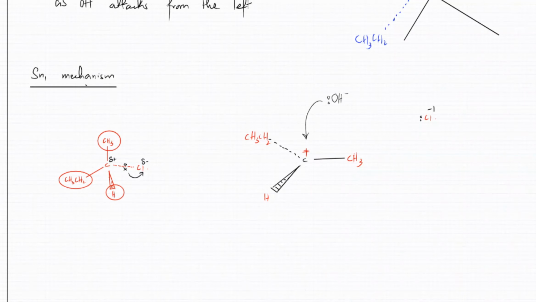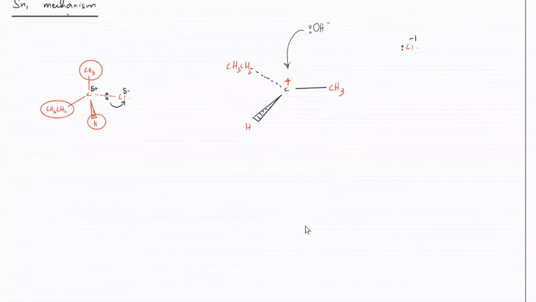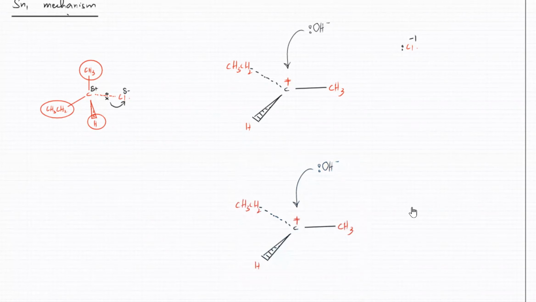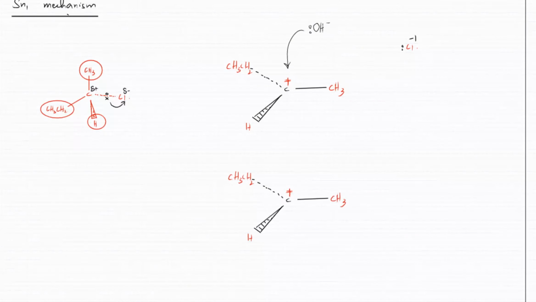The other option is that, imagine this as a fan, it can come in not from the top, but from the bottom. Take it from underneath the fan. So that's your second option. So the OH-1 will bring its electrons, but this time it's going to join from the bottom.